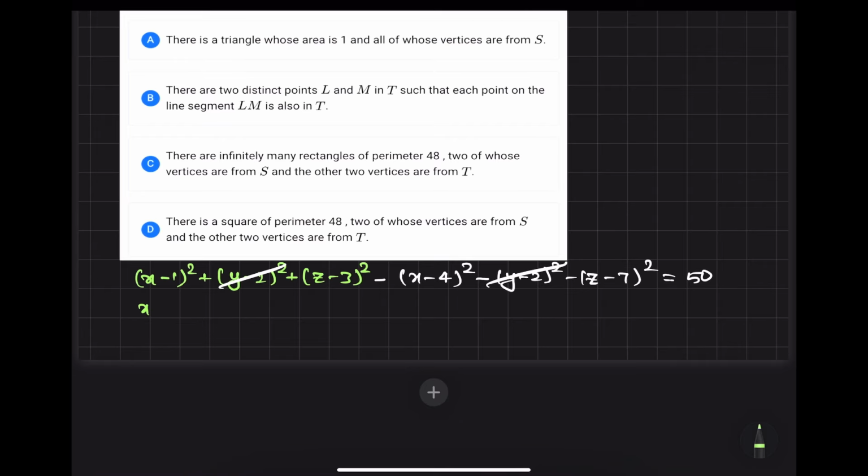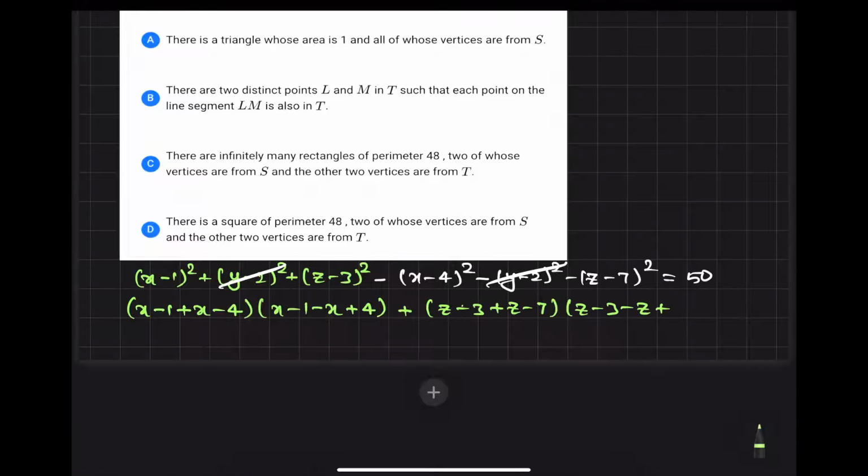A plus b is (x minus 1) plus (x minus 4), and a minus b is (x minus 1) minus (x minus 4), that is x minus 1 minus x plus 4. Again (z minus 3) plus (z minus 7), then (z minus 3) minus (z minus 7), which is z minus 3 minus z plus 7, equals 50.